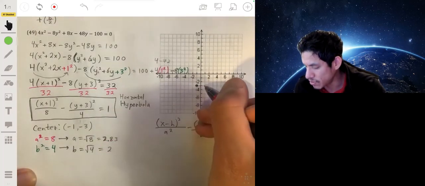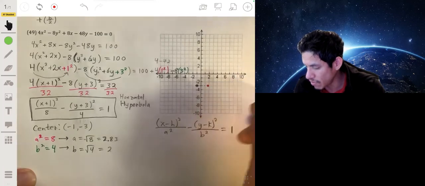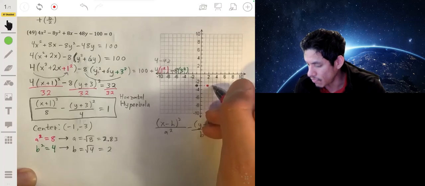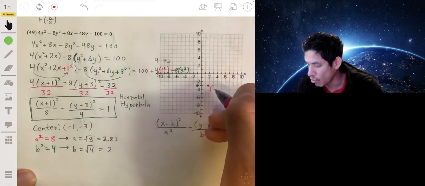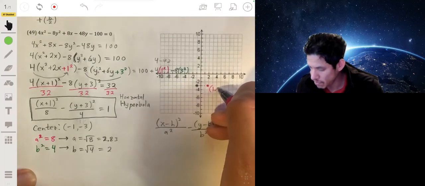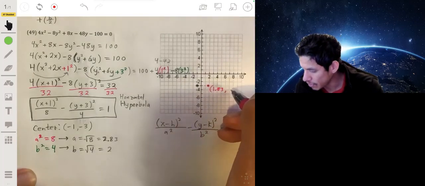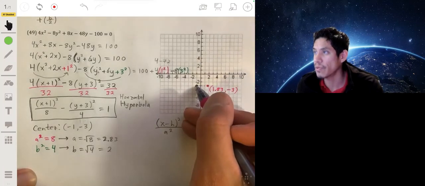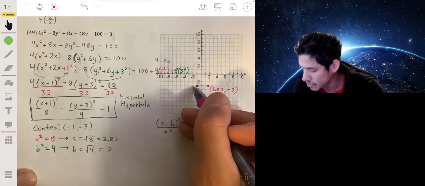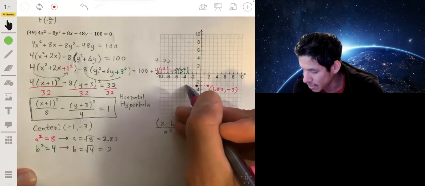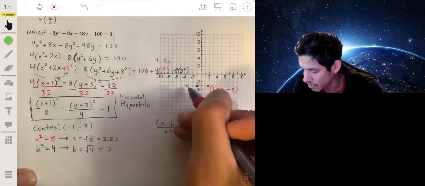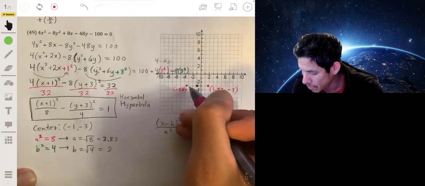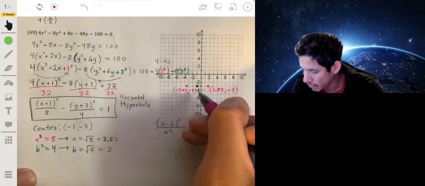So one vertex will be at about 1.83, -3, and the other one will be 2.83 units to the left of the center, so it'll be about -3.83, -3.